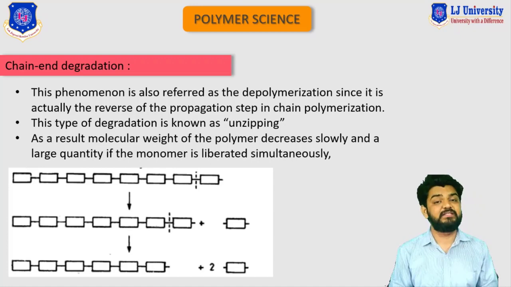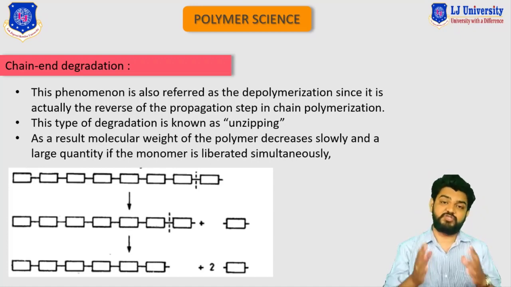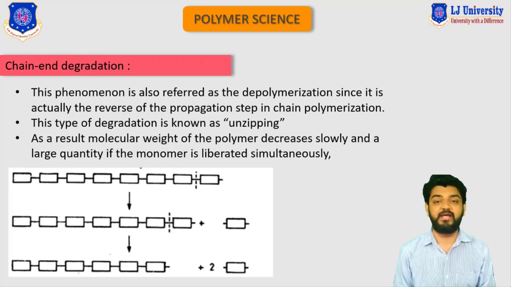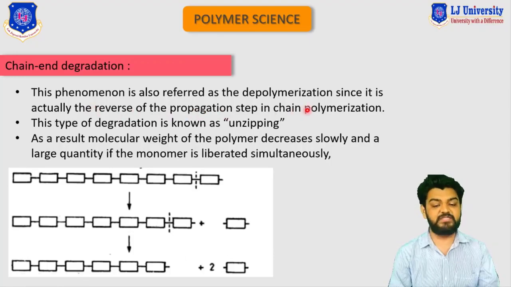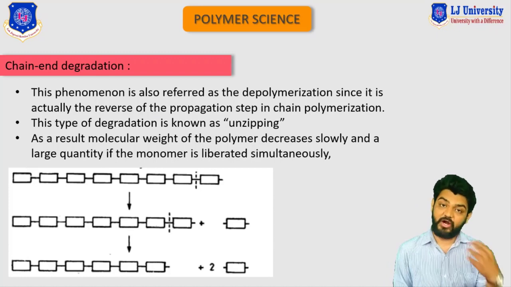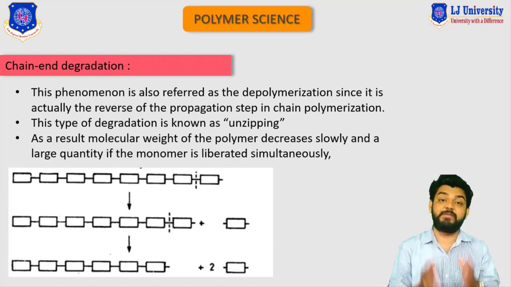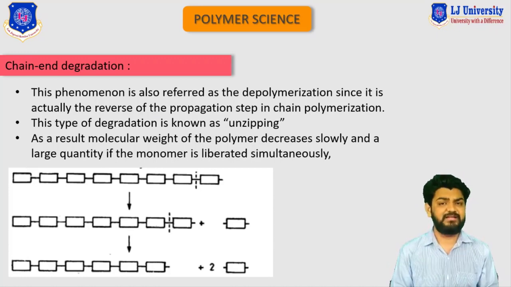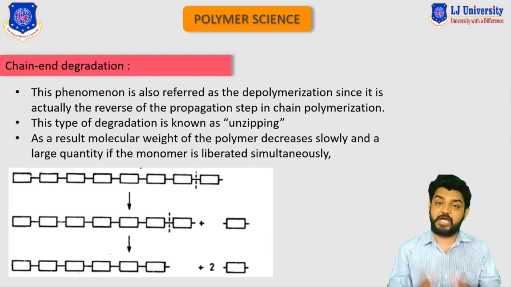This is why this specific degradation of polymer is also referred to as depolymerization, since it is the reverse of the propagation step in chain polymerization. In the third chapter, we already understood what we mean by the propagation step, and this degradation is the completely reverse phenomenon.